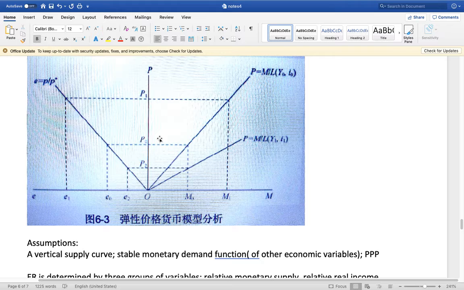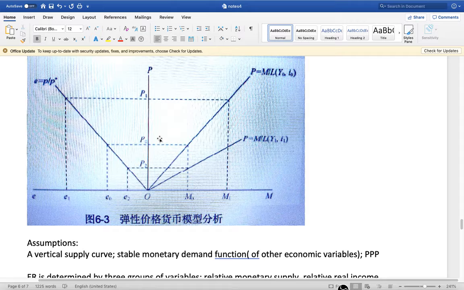The right side of the origin represents the relationship between monetary supply and demand and the price. And the currency equilibrium line is this Y0 and I0. Y0 and I0 mean the income and the interest rates. The left side from the origin is the PPP line.